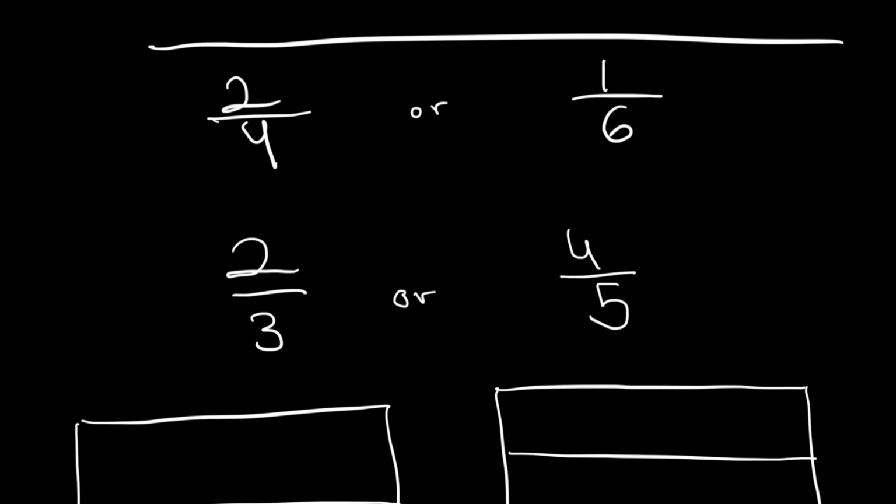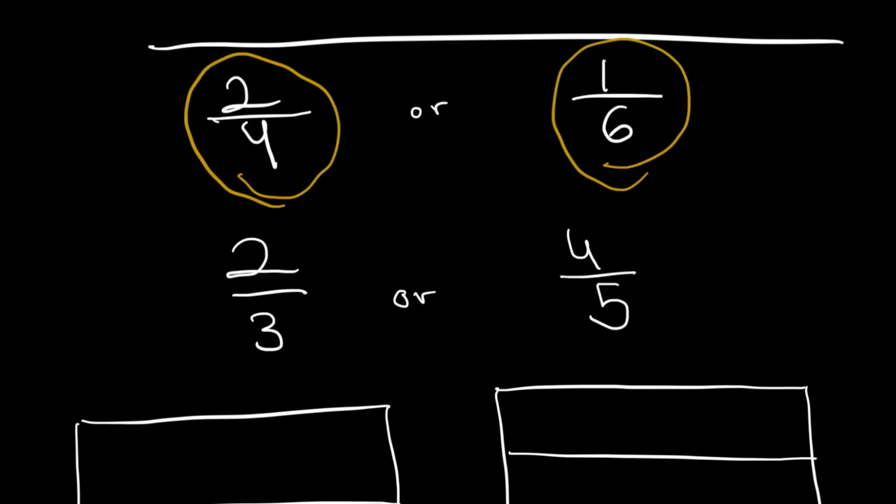So now we're going to move on to comparing fractions with different denominators and different numerators. So I've made a few example inequalities for this situation too. The first one is, which one is greater, 2 over 4 or 1 over 6? Now, in some cases, if one fraction has a bigger denominator than the other fraction and a smaller numerator than the other fraction, then that usually means it's less.